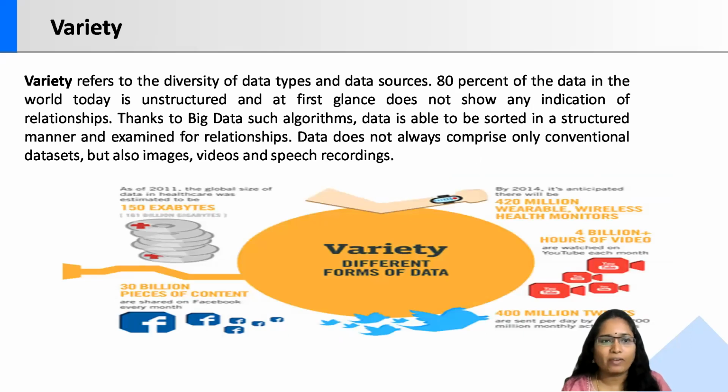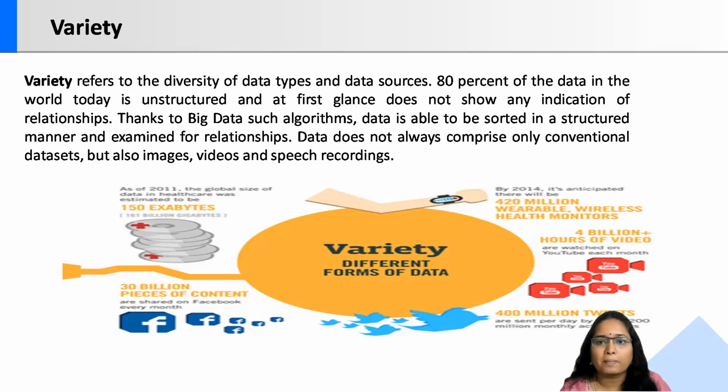The next one is variety. Variety refers to the diversity of data types and data sources. As I said already, 80% of the data in the world today is unstructured, which at a glance does not show any indication of relationships. Thanks to big data, algorithms are able to store it in a structured manner and examine the relationships.